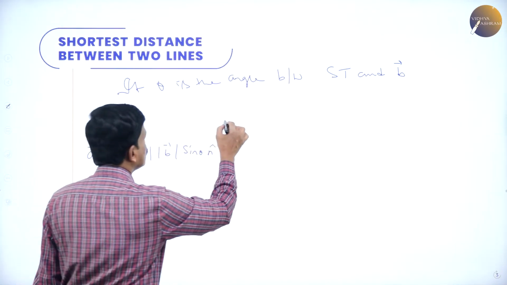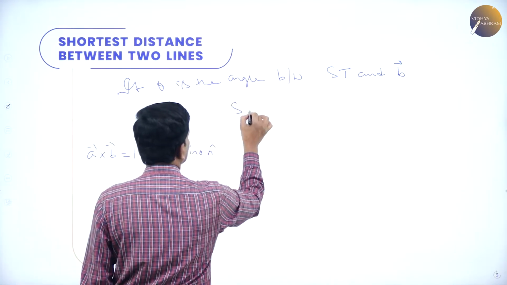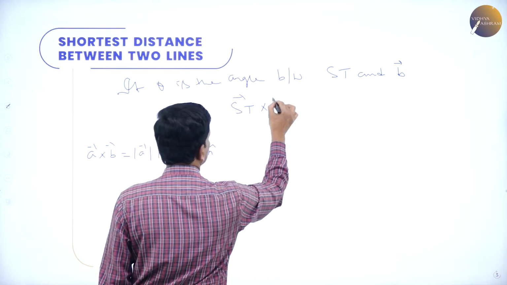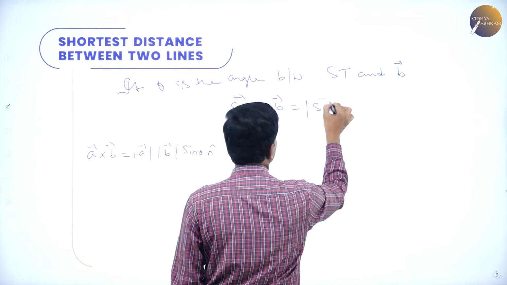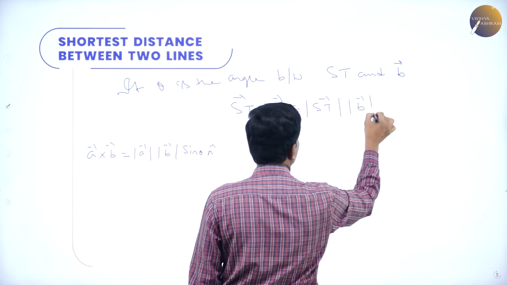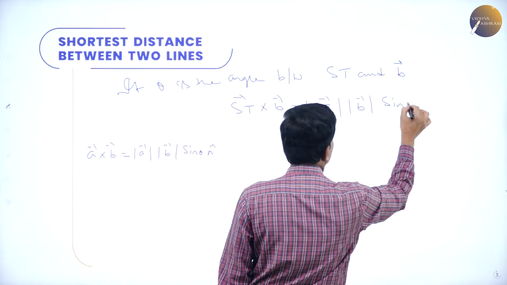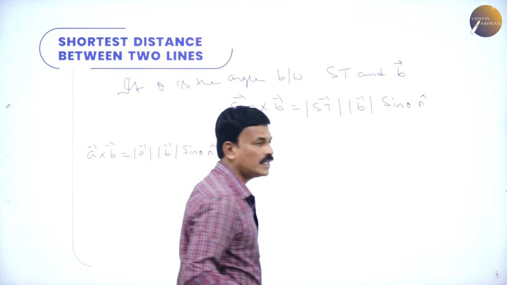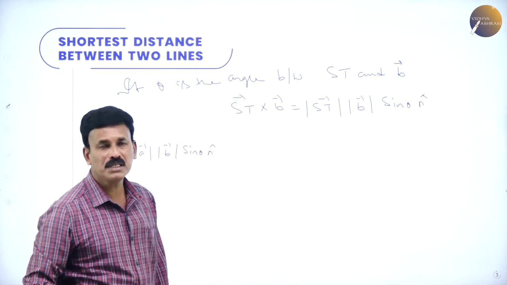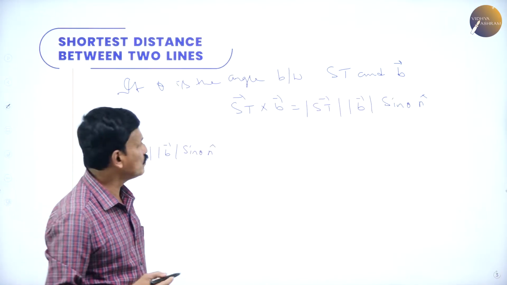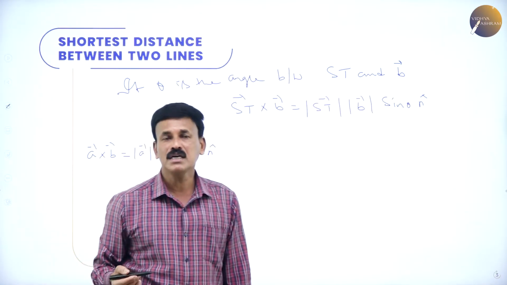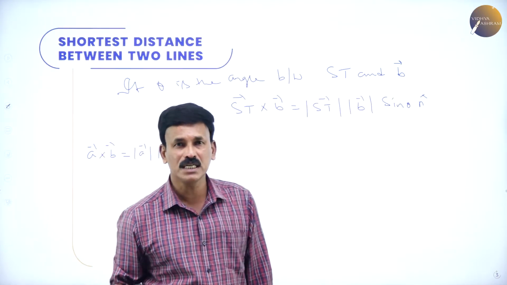So if I write the same concept, B cross ST vector can be written as length of vector ST and length of vector B sin theta into n cap, where n cap is the unit vector perpendicular to the plane and the lines L1 and L2.